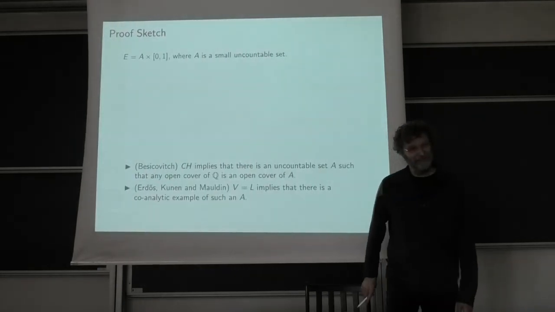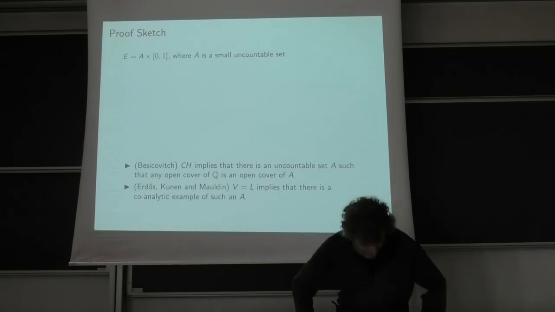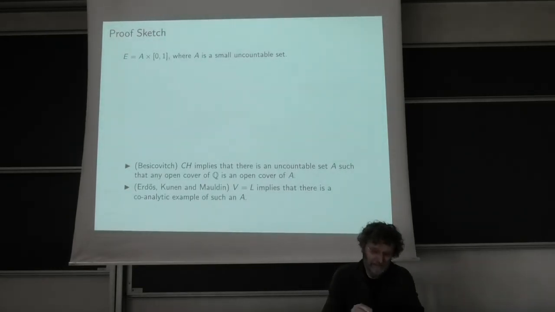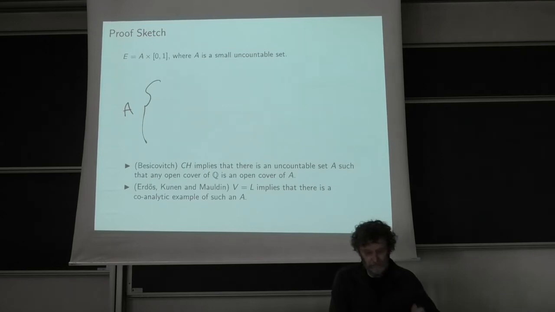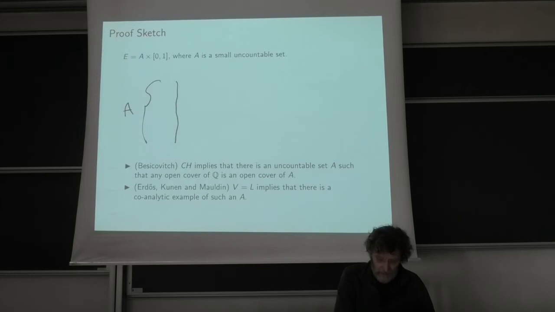Here's the proof. I'll show you a picture of how it works. In both cases, the Besicovitch case, and then using the detailed way that L is constructed in the Erdos, Kunen, and Mauldin construction, what did they do? They took a small set A, a subset of the plane. Here's 0 and here's 1.